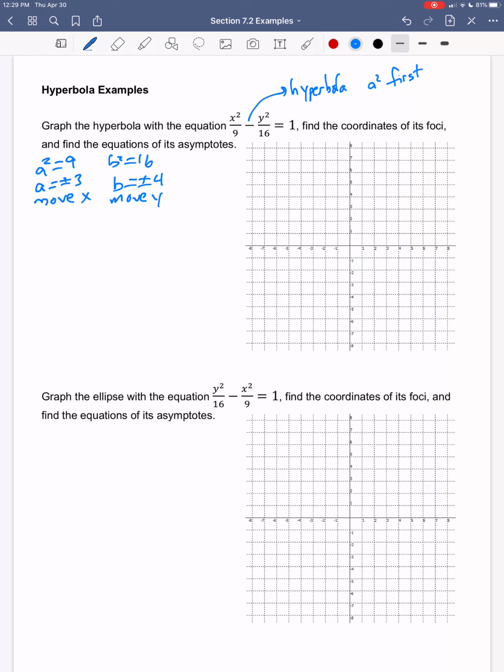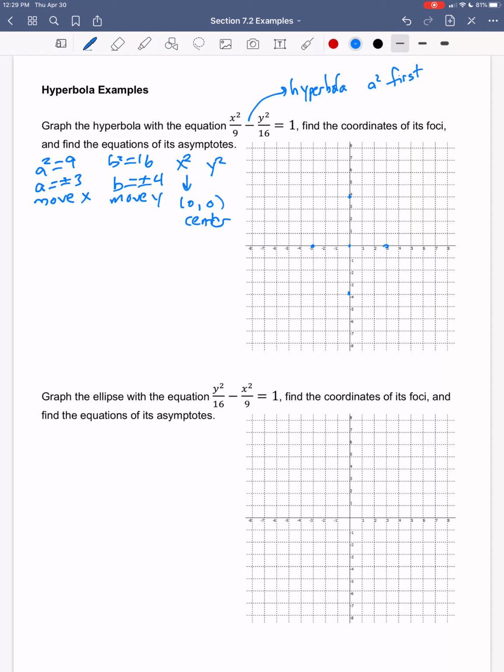And since it's just x squared and y squared, my center is just 0, 0. I'm going to move 3 in the x direction, so 3 left and right from the center, 4 up and down.